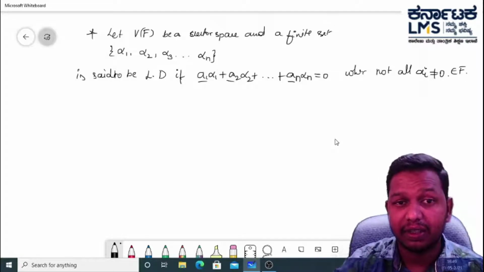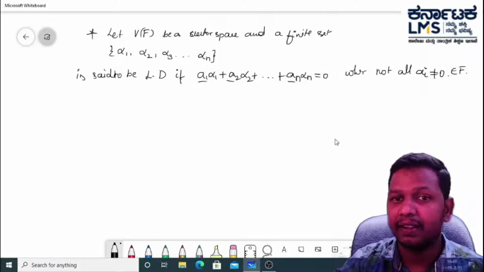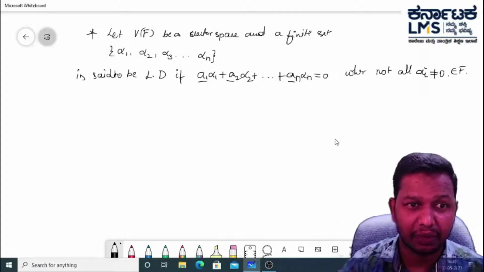That means at least one of the ai is not equal to 0.